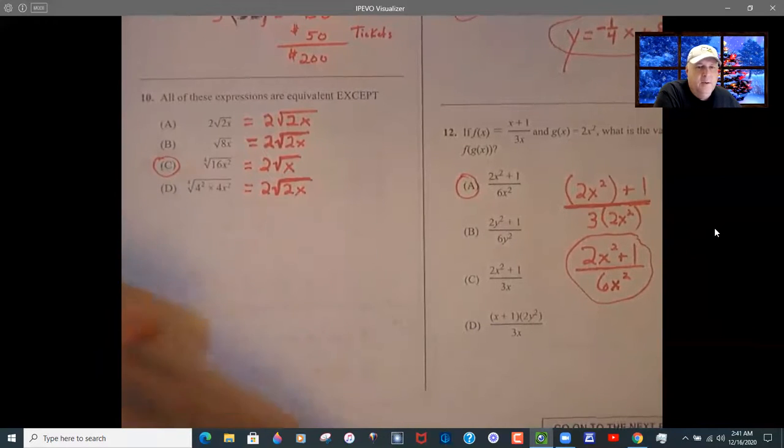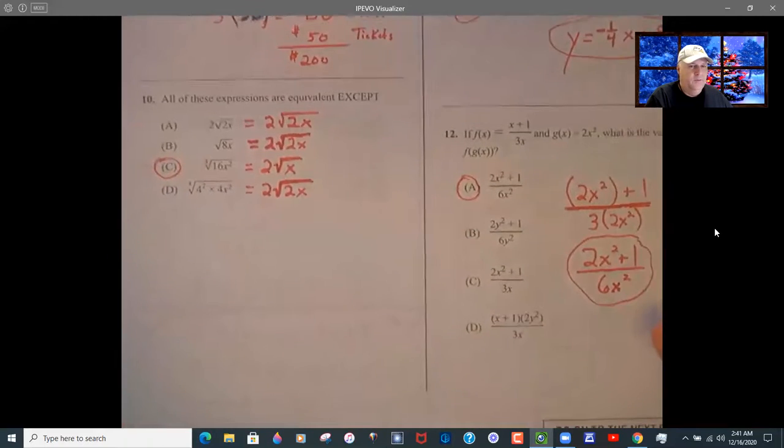This is kind of a hard problem, but what I would tell you to do is notice on number 2, and you got to know what the heck is the 4th root of 16, and how do you reduce the square root of 8, 2 times the square root of 2. You got to kind of know how to reduce square roots.